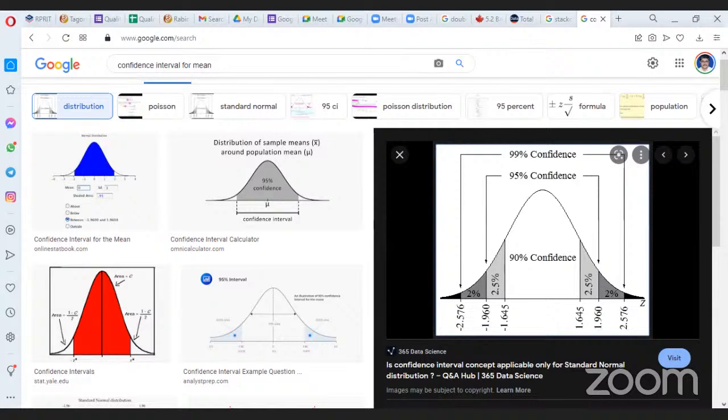And then you can get some idea about the confidence interval.